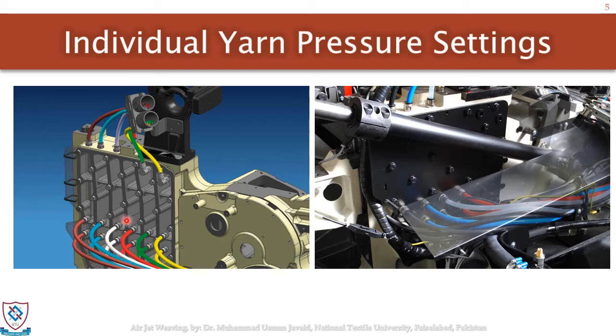So what is happening here is, if you have, let's suppose, 12 channels, you can have 12 different air tanks. These air tanks are releasing the pressure to our main nozzles and tandem nozzles.